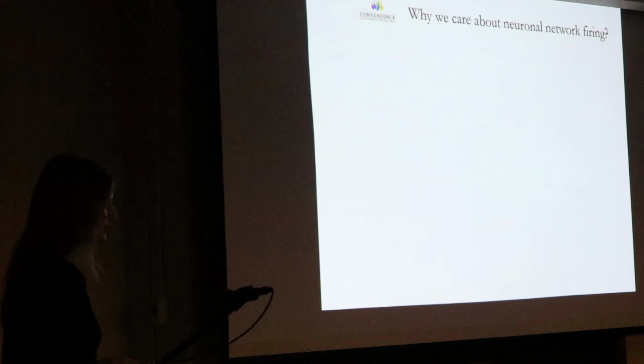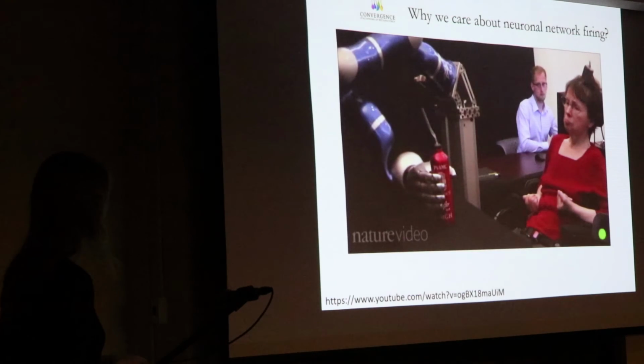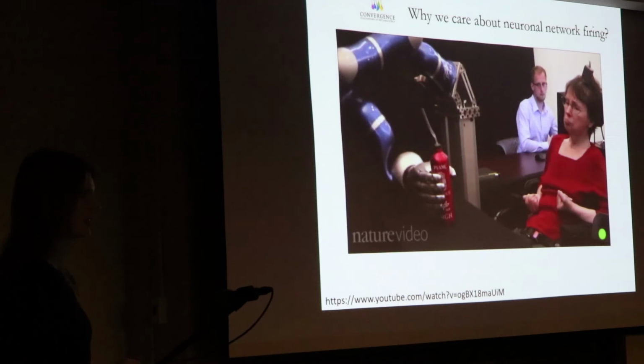For example, if you take this lady, she is a tetraplegic, so she's not able to move her limbs, but her brain functions perfectly. So the only problem here is that her brain cannot send messages down to the rest of her body.